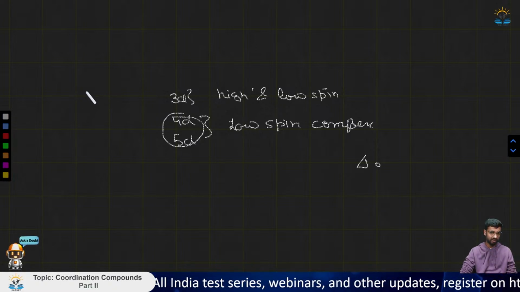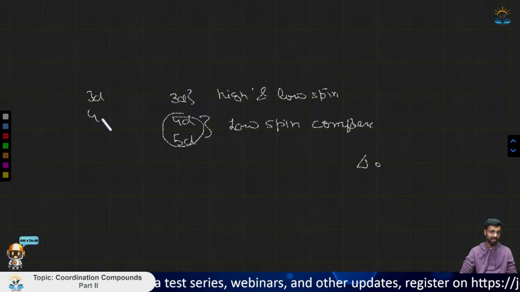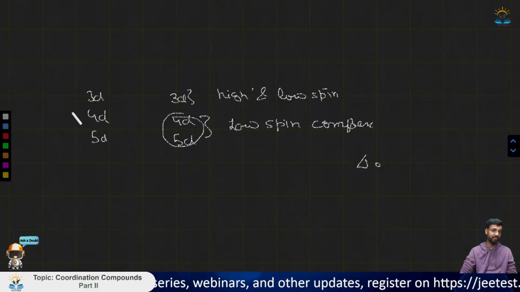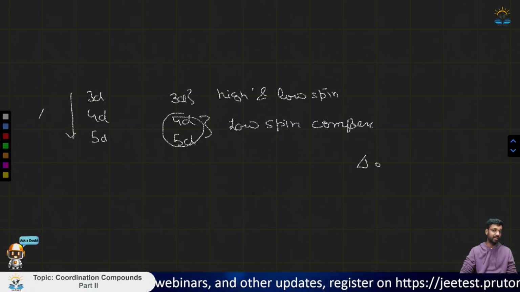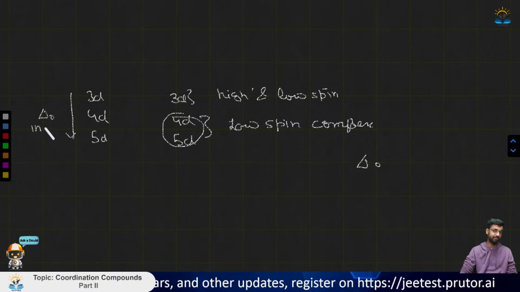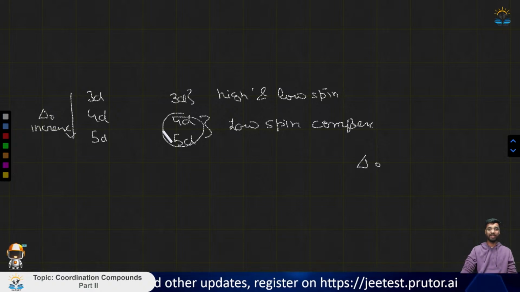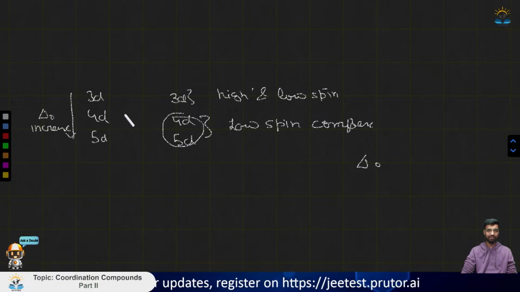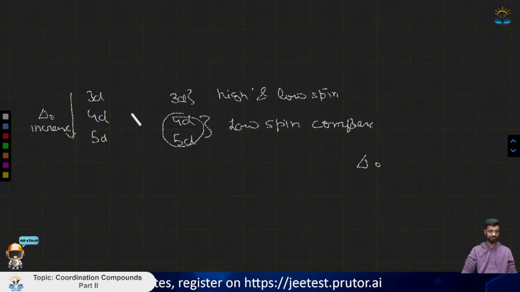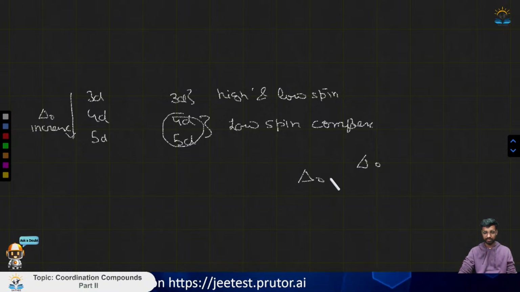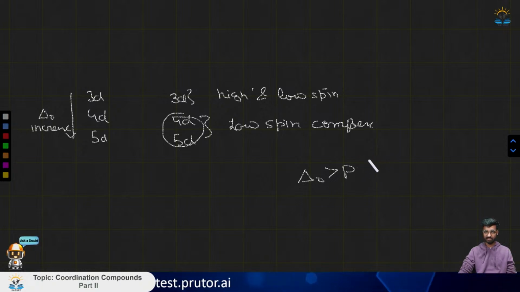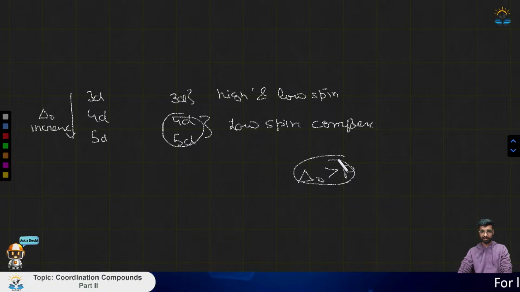The third factor is that as we move down the transition series, from here to here, delta O increases in this fashion. As delta O is increasing, it is greater than the pairing energy, so pairing of electrons takes place in the 4D and 5D series.